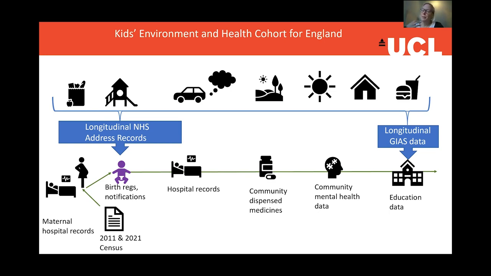So if there's environmental data on air pollution, for example, that's quite frequently modelled at a 100 by 100 metre grid, and if we know the address, it will then be possible to link that very specific air pollution data to the child's address.